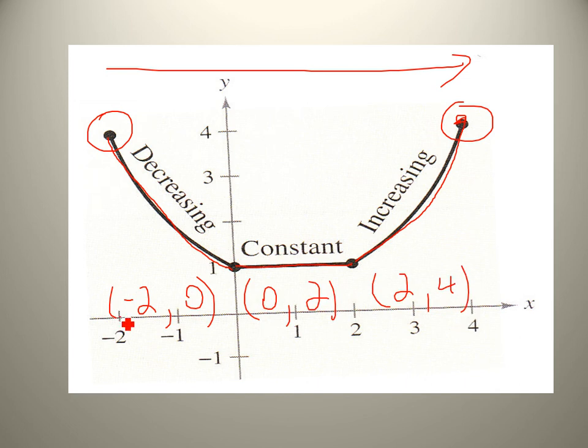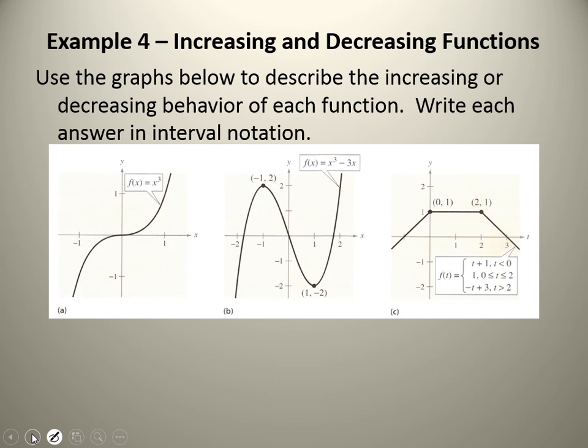All we're doing is reading along the x-axis how the graph is behaving as we go through there. So here's an example. Got part A. Keep in mind these graphs have arrows on the ends of them. I know they're not on here, but you might want to fill those in.